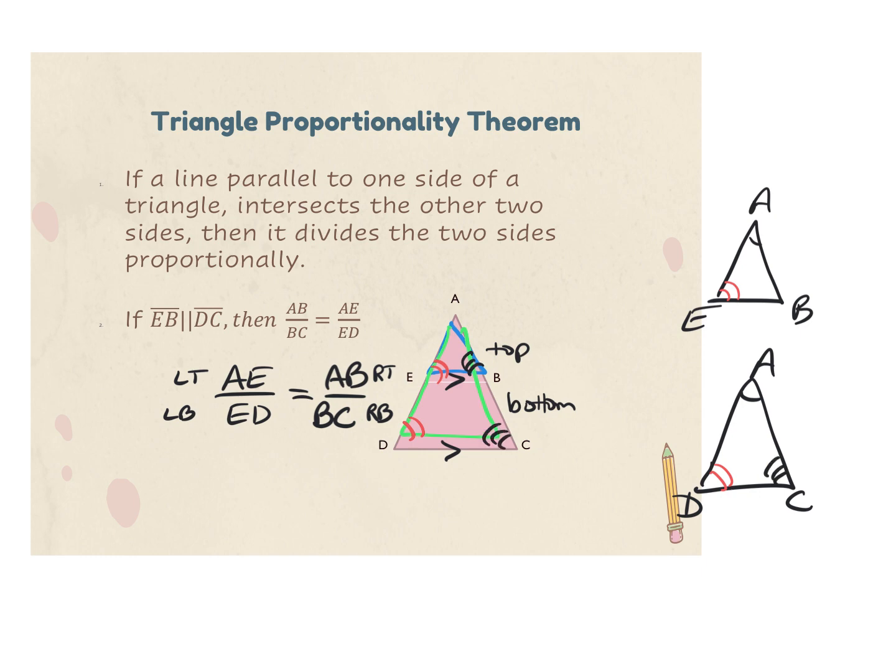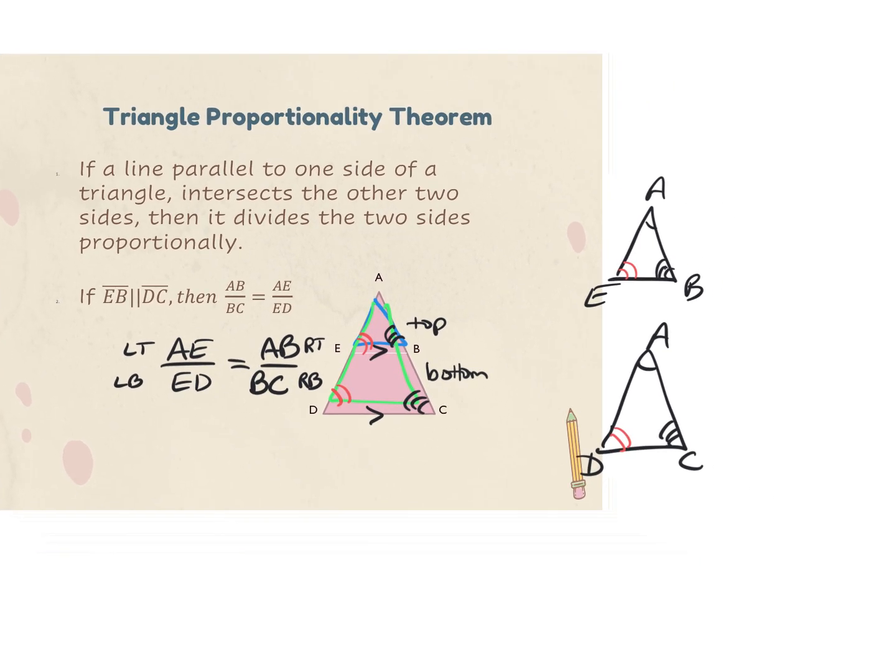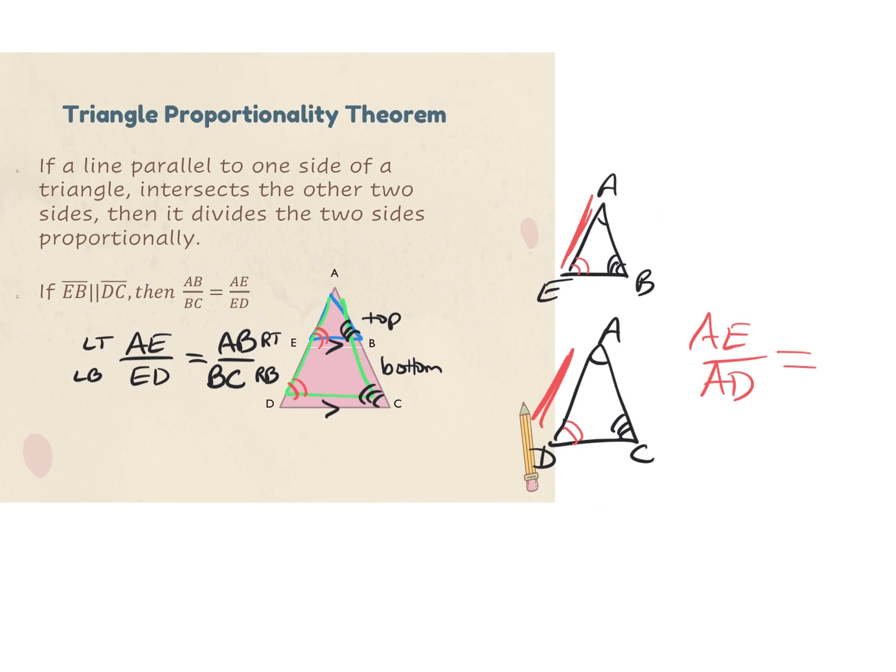So we could still use our knowledge for similar triangles, and we could also have set up our proportion as doing this side here, AE over AD. Those would be the sides that match, AE over AD, and then match it here with AB over AC.